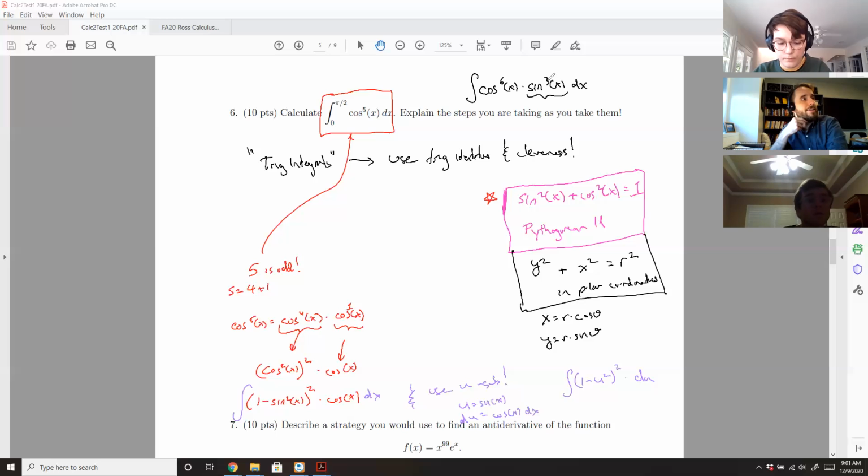The sine has an odd exponent, so I could rewrite this as sine squared, aka 1 minus cosine squared, times that lone copy of sine. And in this case, I have a bunch of cosine stuff, and then a single copy of sine, that would be my du in my u substitution. So even if I had cosine to the something times sine to the something, as long as one of those exponents was odd, I was good to go because I could use this trick.